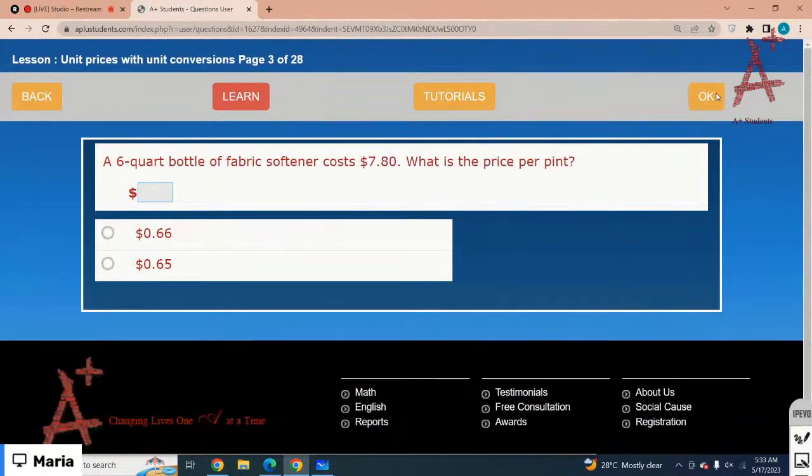Okay. A 6-quart bottle of fabric softener is $7.80. What is the price per pint? 1 quart equals 2 pints.